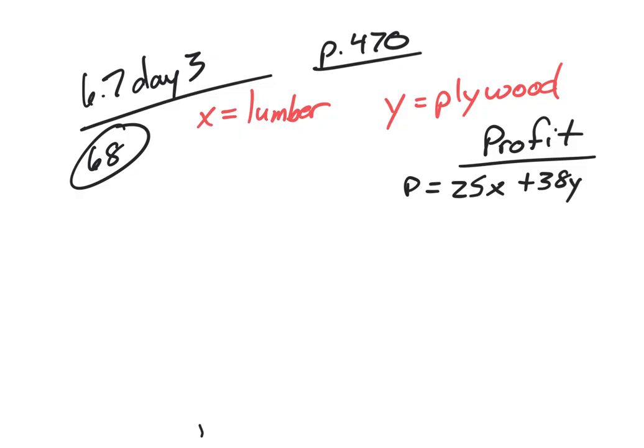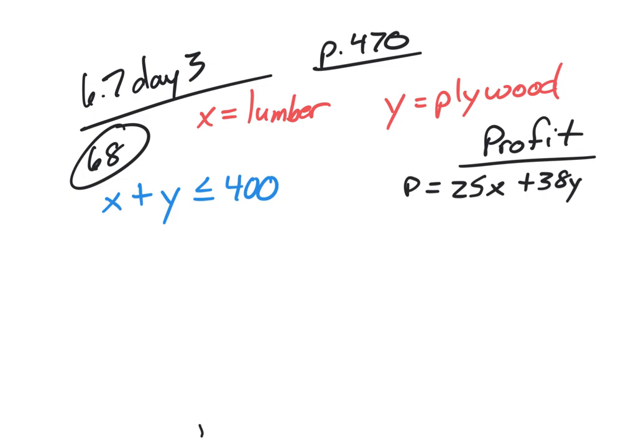Okay, now here's the part that is a little bit different than some that we did yesterday. It says that the mill is going to make some of each. So first of all, the total production is 400 units. So the amount of lumber plus the amount of plywood cannot exceed 400. So x plus y has to be less than or equal to 400.